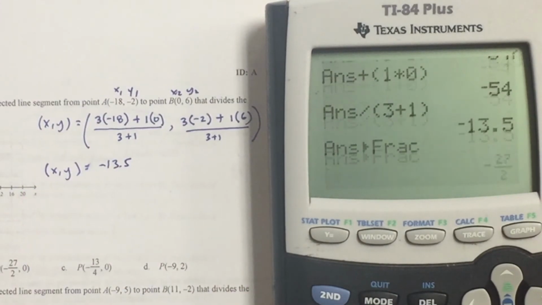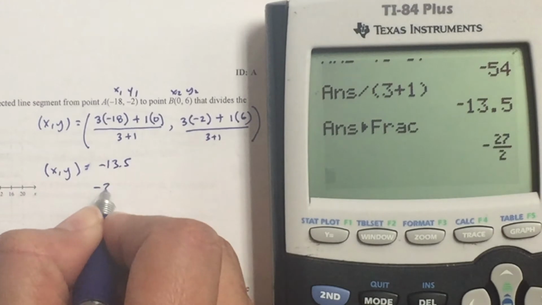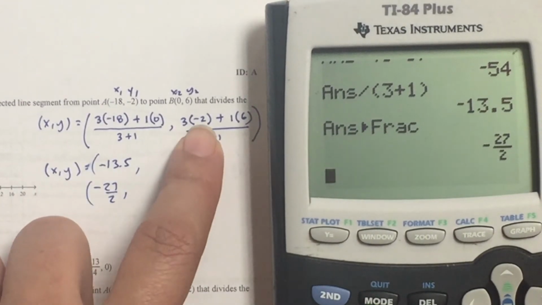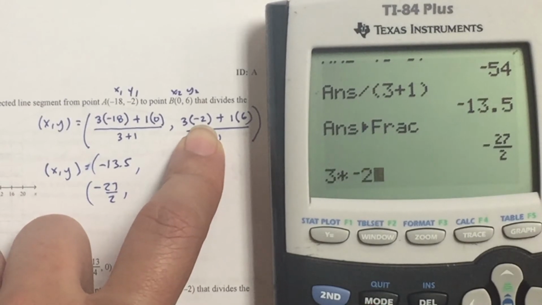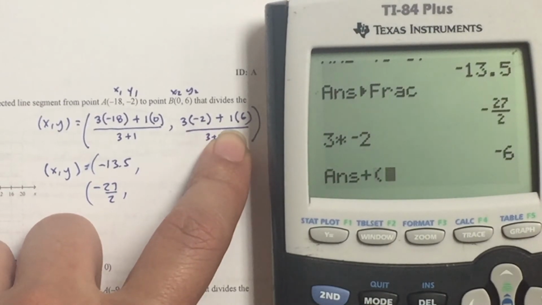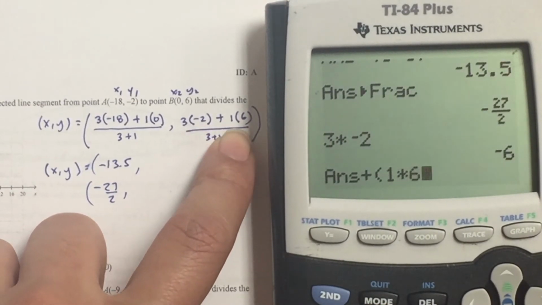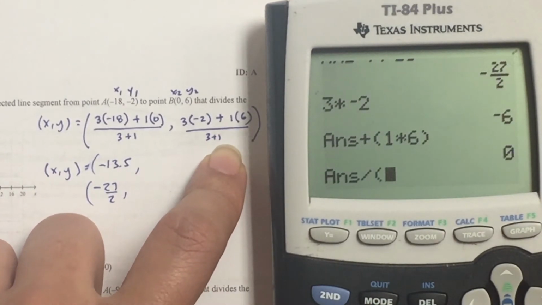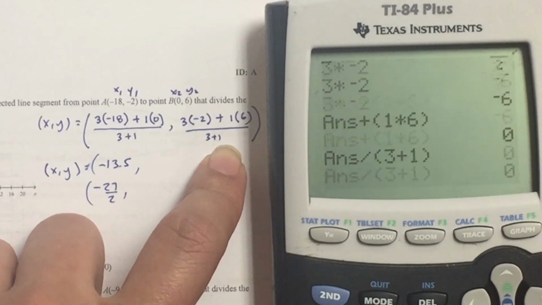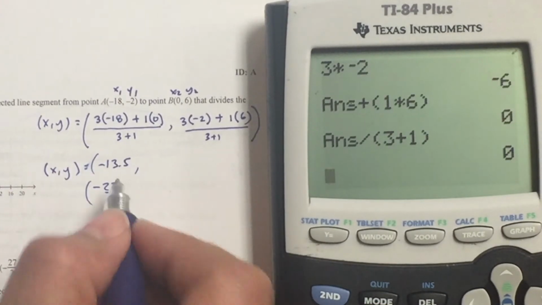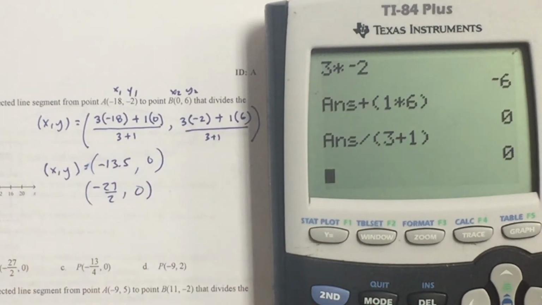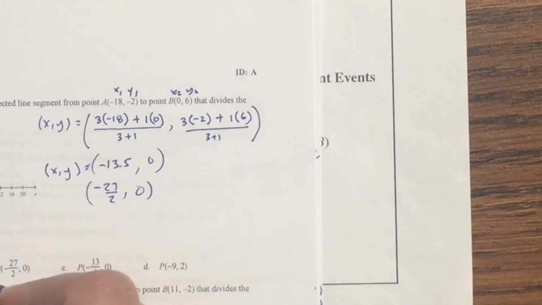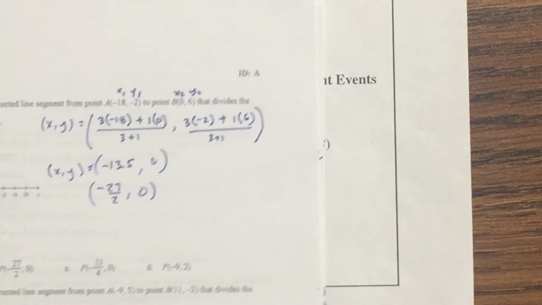We'll leave it as a fraction, so -27/2. And then 3 times -2 plus 1 times 6 divided by 3 plus 1, which is 0. So -27/2, 0. B.